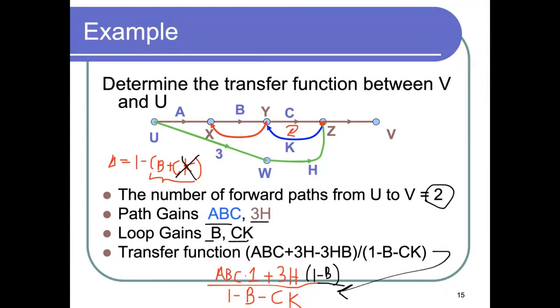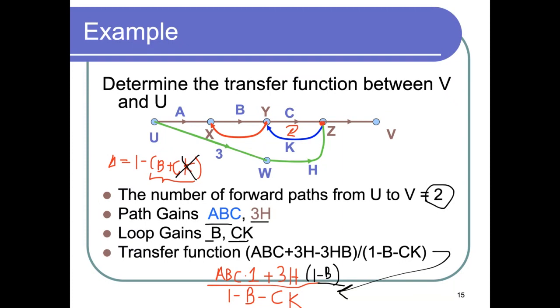The cofactor of this path is the determinant after removing the gains of the touching loops. In this case, both of them are touching, so I have to multiply by 1 here.